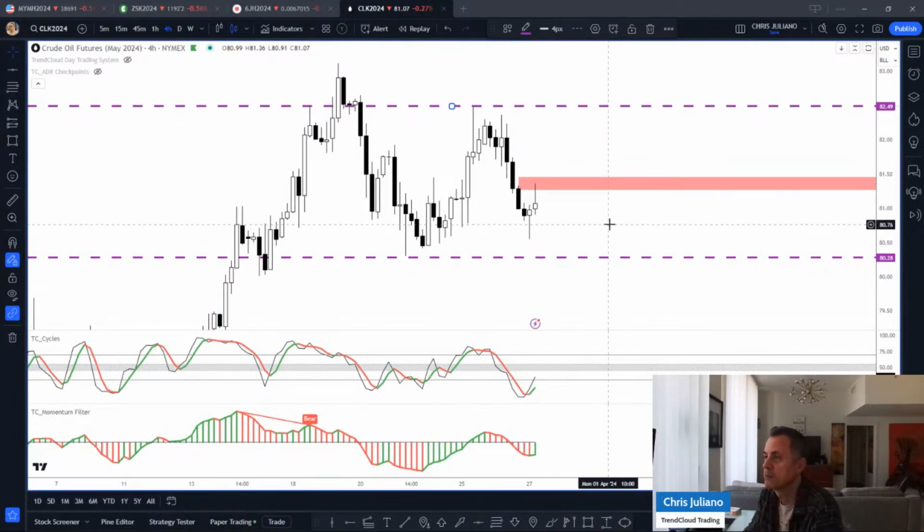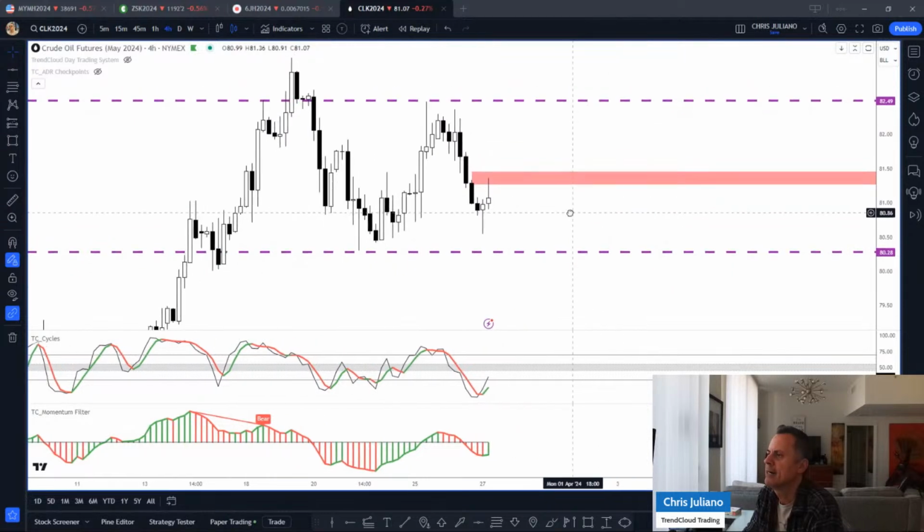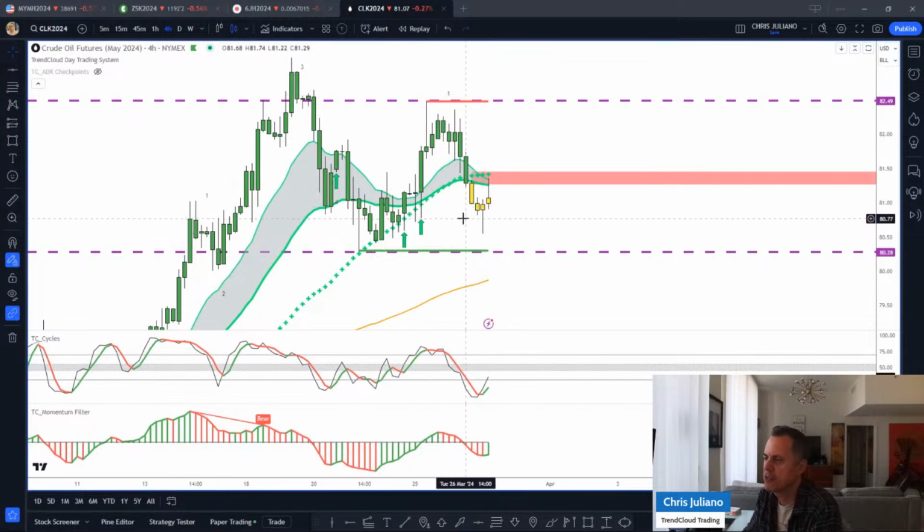There's the middle. Okay? So we're sideways. But if you put TrendCloud on there, you can see much deeper into price action. You can see much deeper into price action if you put TrendCloud on your chart.